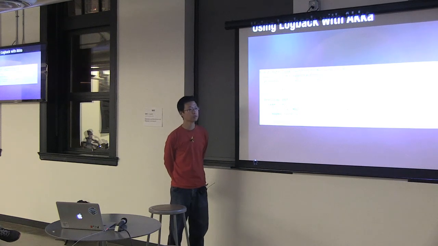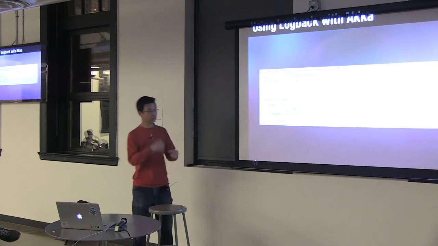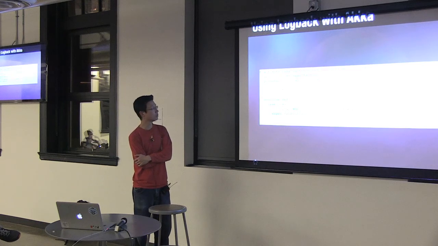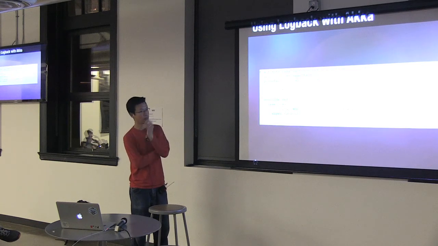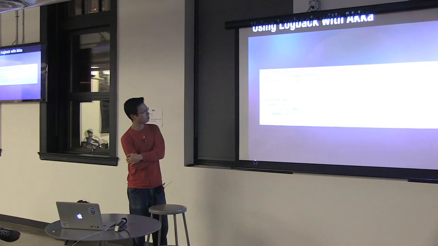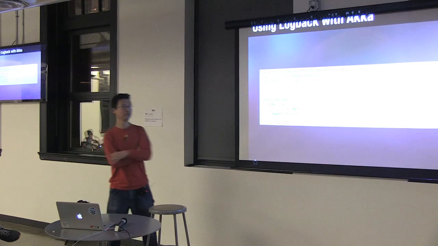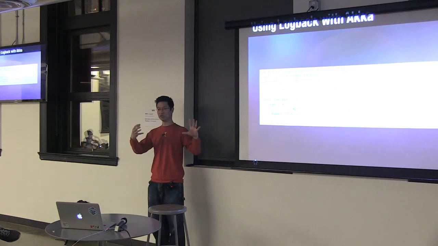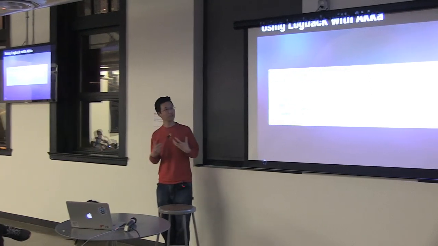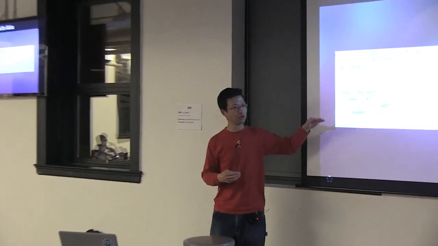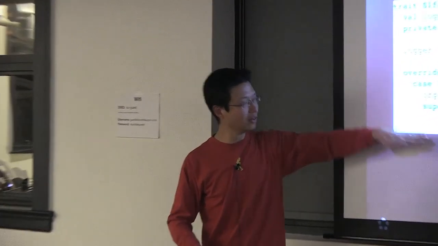Can you speak up, or repeat the question? Sure. What is the difference between the stackable trait thing and the orElse method of partial functions? Oh, yeah. He's talking about in Scala, partial functions, you can compose them. The difference is that stackable traits allow you to wrap code around the receive function.